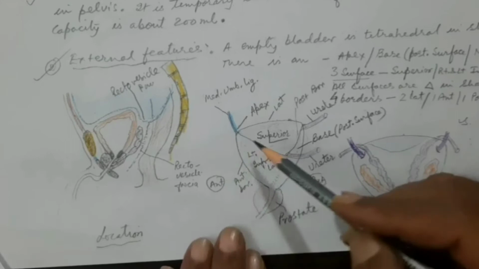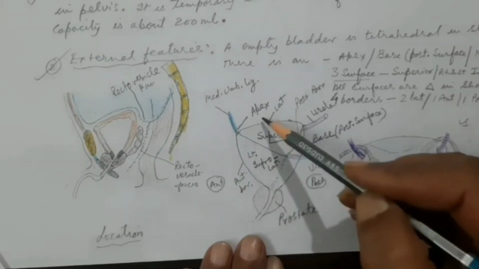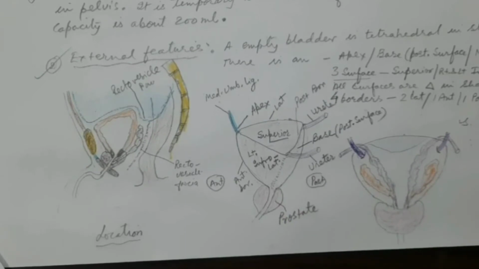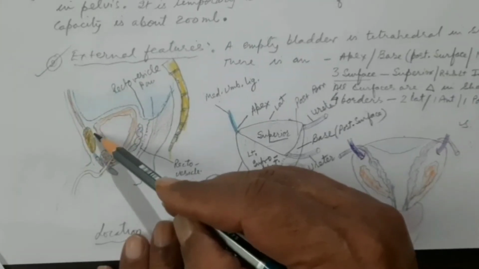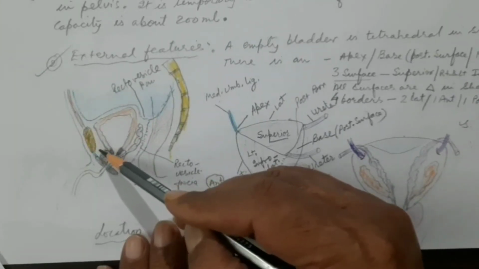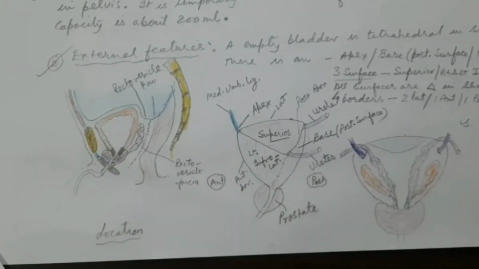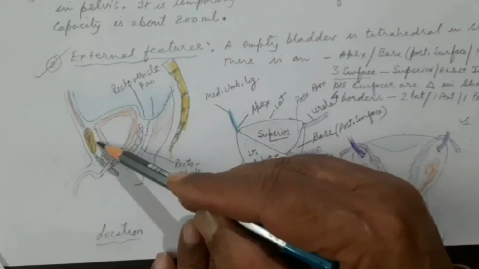Now in the male, this infralateral surface, either right side or left side, is related to the pubic bone. It is the pubic symphysis which forms the pubic bone on the lateral side. So first it is related to the posterior surface of the pubic bone, and then there is a ligament, the puboprostatic ligament, and then there is retropubic fat.